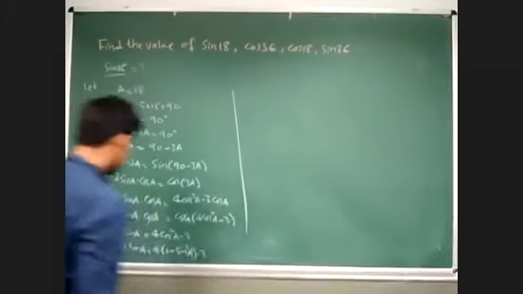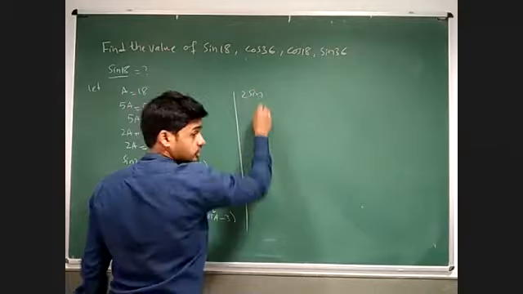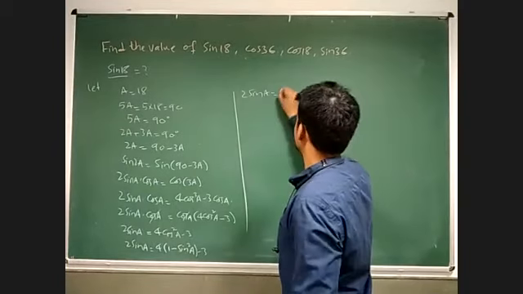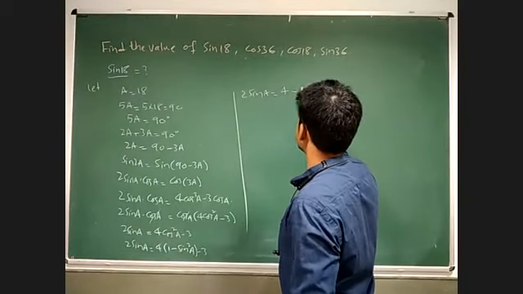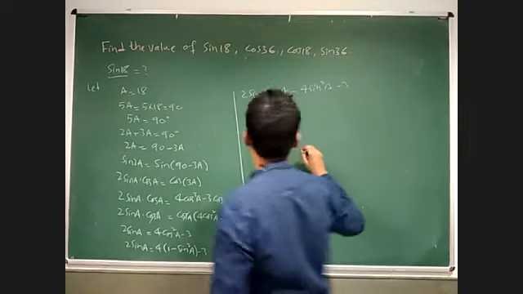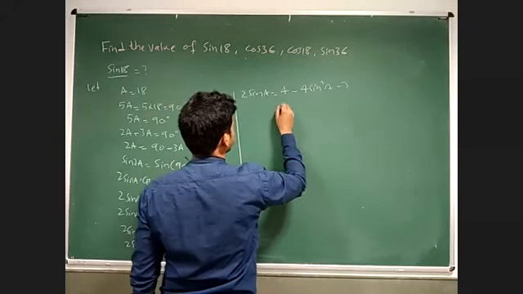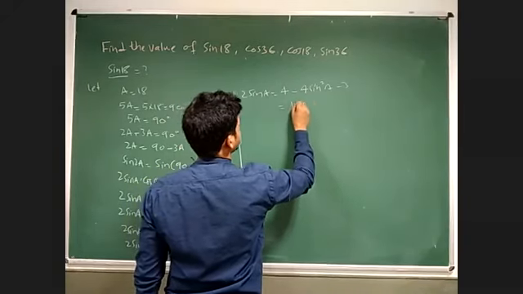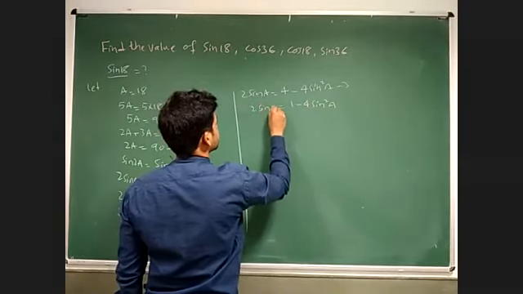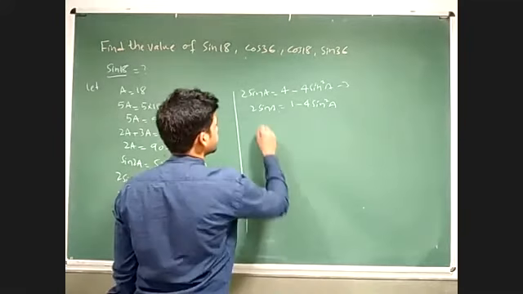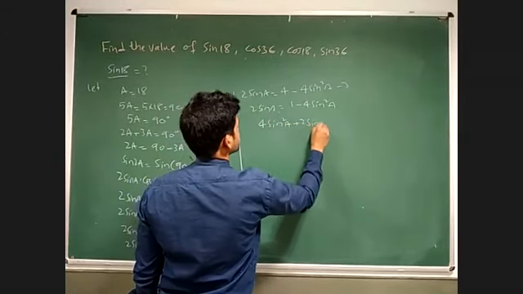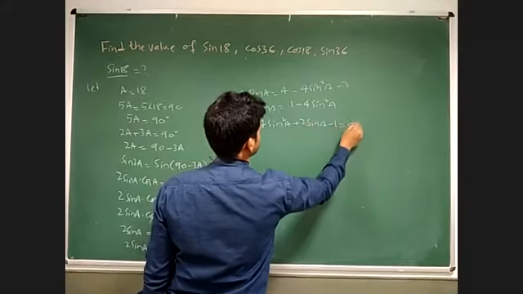Multiply: 2 sin A is 4 minus 4 sin square A minus 3. Now 4 minus 3 is 1, so 1 minus 4 sin square A equals 2 sin A. I can write 4 sin square A plus 2 sin A minus 1 is equal to 0.